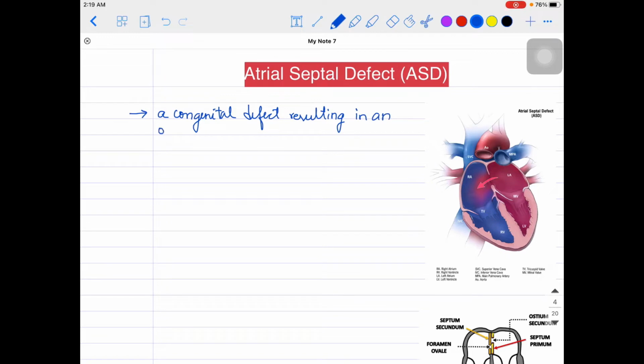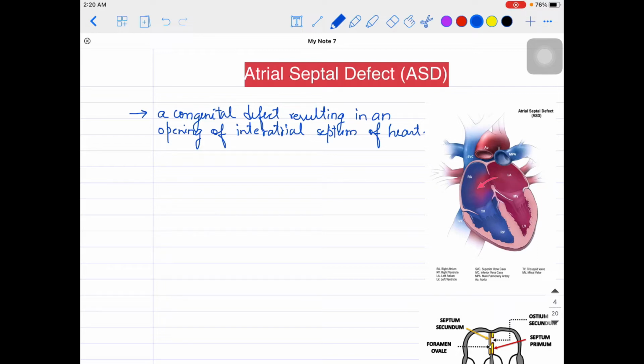Just for completion's sake I wrote this definition, otherwise you know the meaning: there is a defect between the left and right atria.